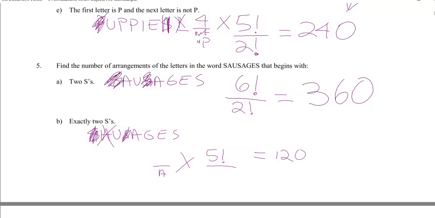Okay, so this is, second letter is an A. But the second letter could be not A, neither A nor S. So that means the second letter would be a U, a G, or an E. Would it be the third letter if it's starting with 2 S's? Oh, sorry, yeah. Third, you're right. Third.